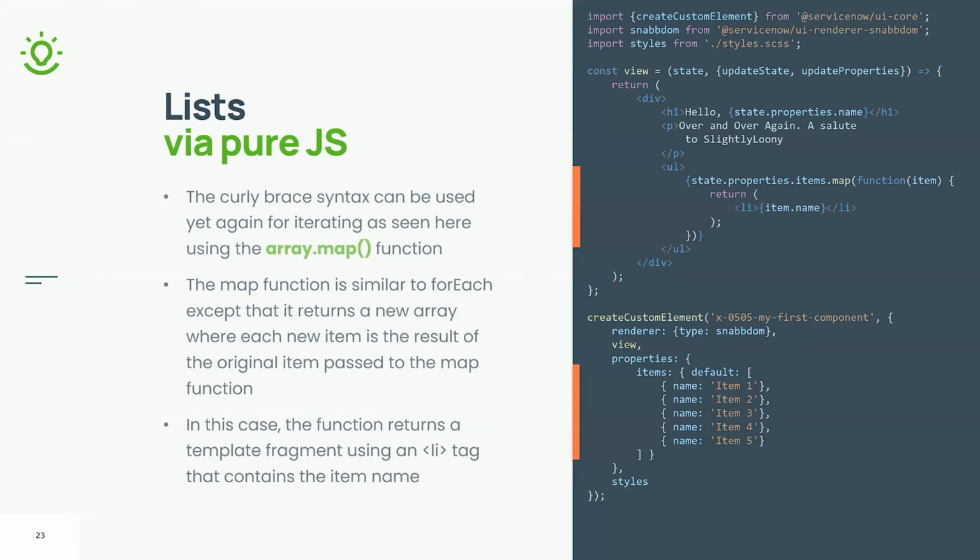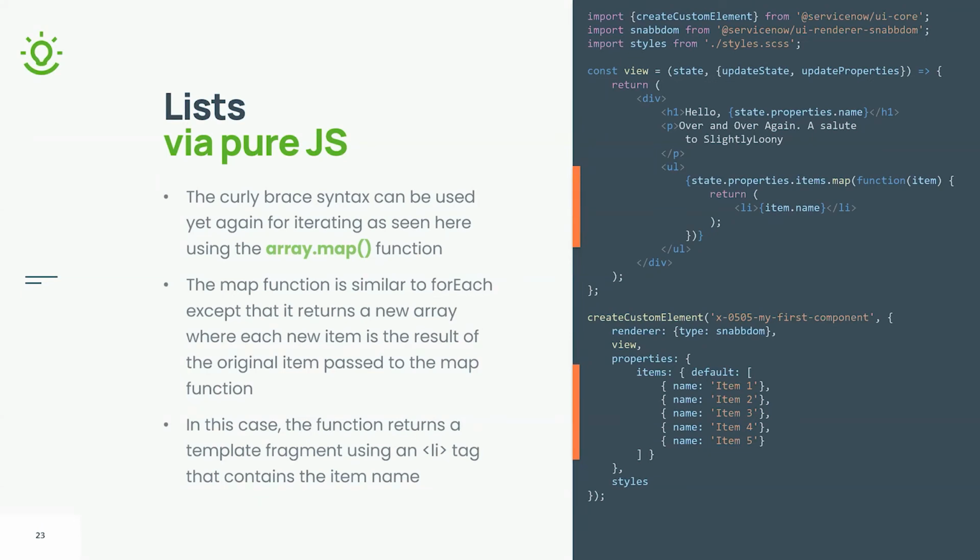So in the component, you'll see, first of all, that I'm passing in properties. I'm passing in an array as the default with 5 items. And then in the first orange dash, you'll see my little UL tag there with state.properties.items.map. And yeah, it's just JavaScript.